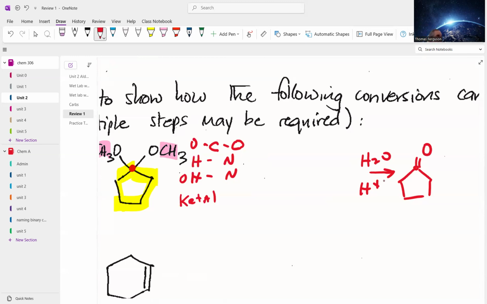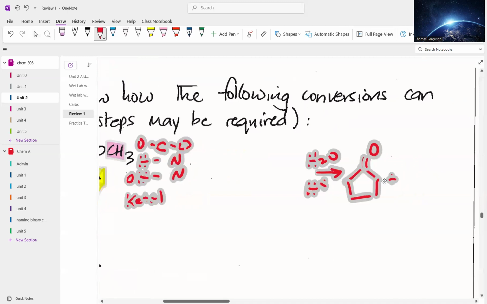In other words, we're going to take the ketal apart. And when we take the ketal apart, we end up with some alcohol.